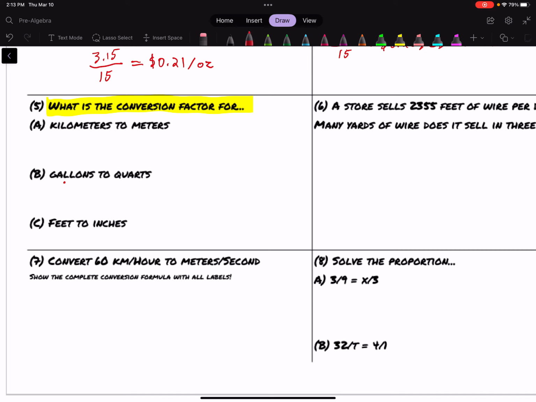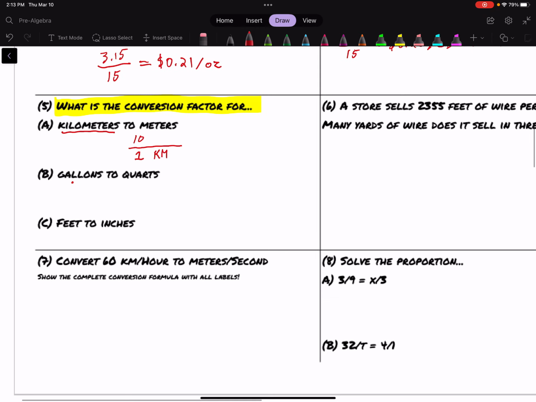So you make a fraction or a ratio, and on the bottom goes 1 unit of the starting point, kilometers. I know that there are 1,000 meters in a kilometer, and that is the correct conversion factor for kilometers to meters.